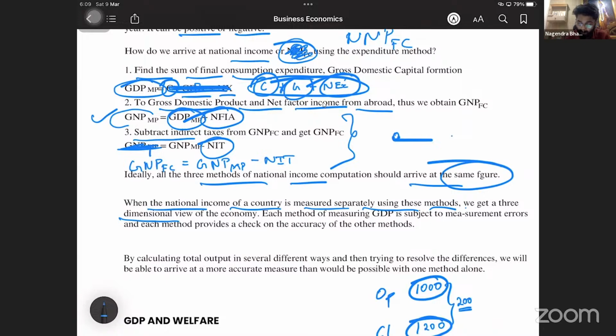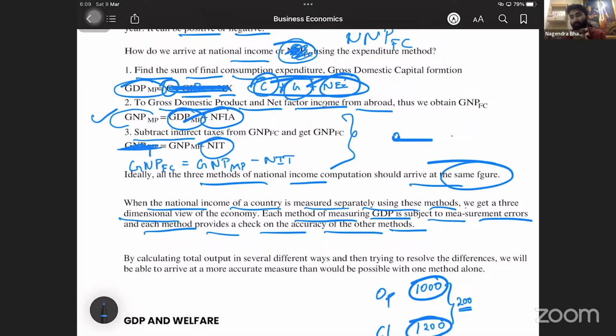Each method of measuring GDP is subject to measurement errors, and each method provides a check on the accuracy of the other methods. See, there might be a small error and small difference.